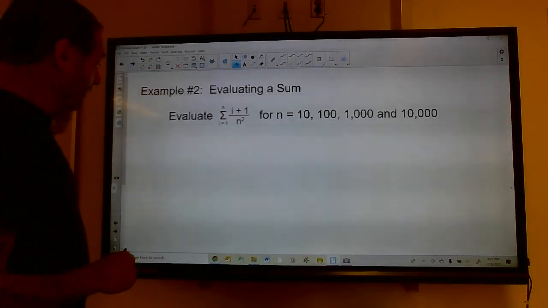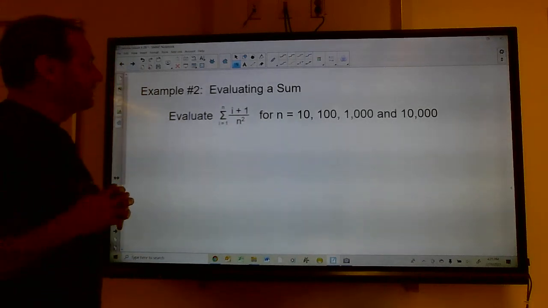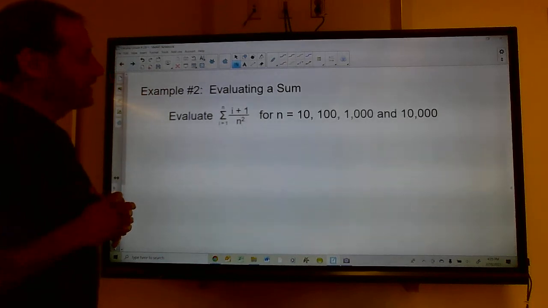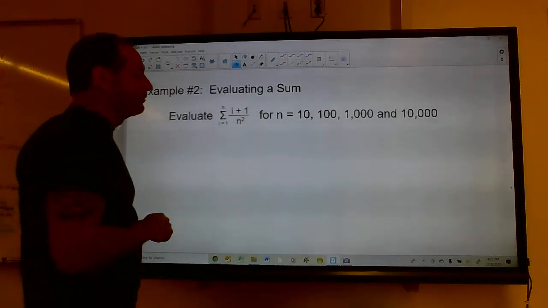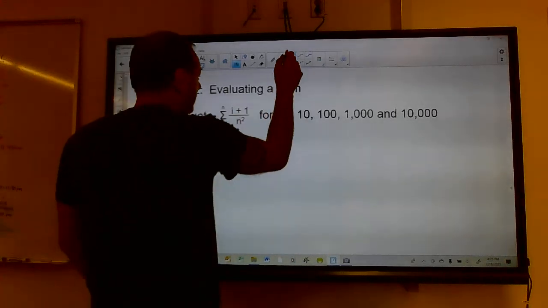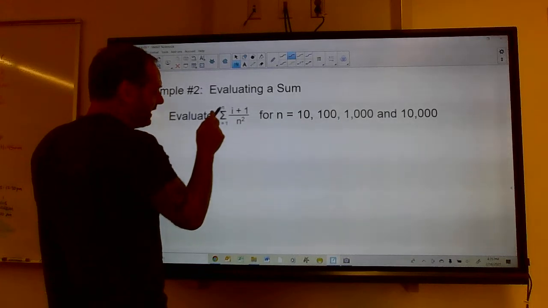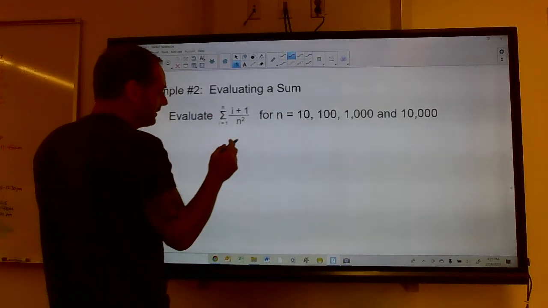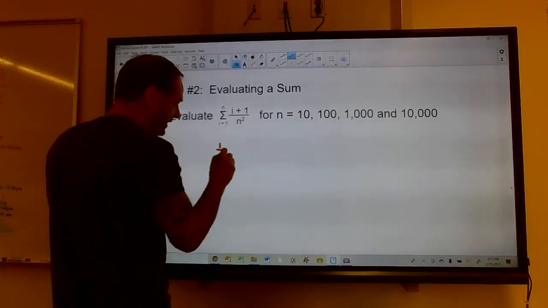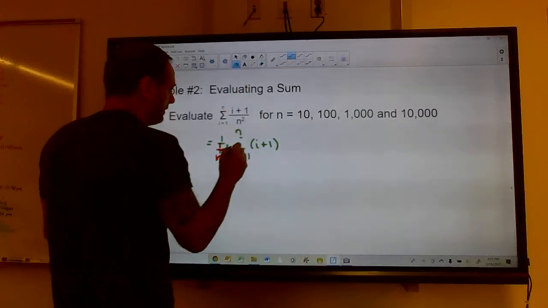let's move along. So here we're going to evaluate the sum from i equals 1 to n of (i plus 1) over n squared for n equals 10, 100, 1,000, 10,000. Well, I'm only going to do one of these. I'm going to do 10. You can do the other ones on your own. Since n is going to be a constant in this thing, I can factor out the 1 over n squared.